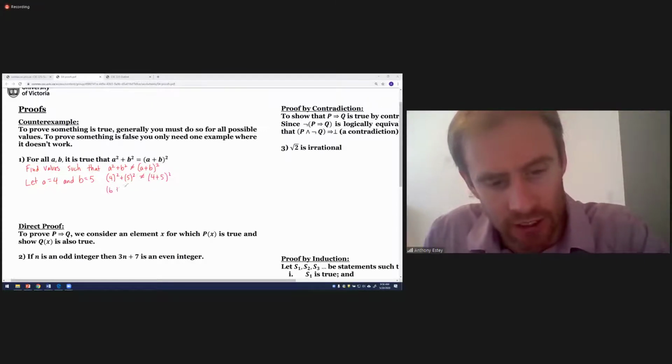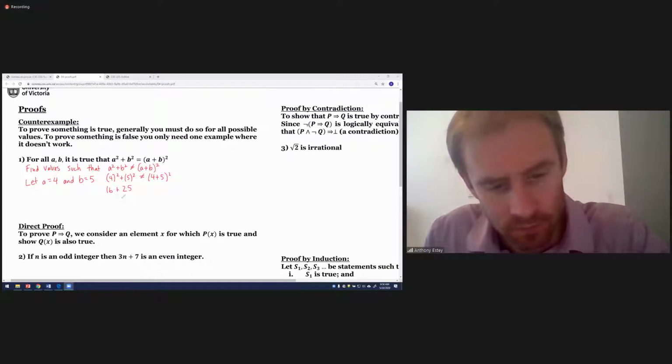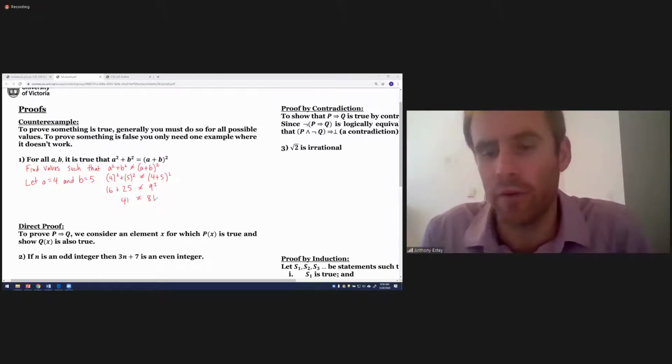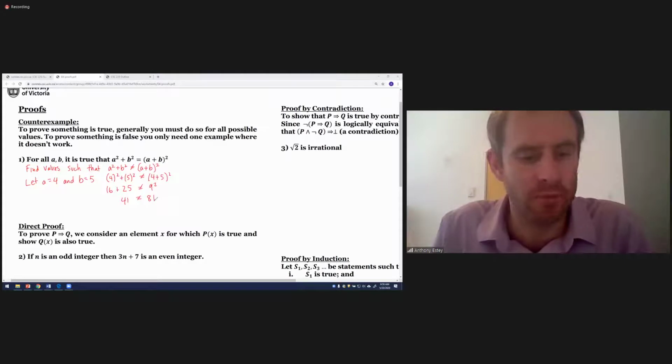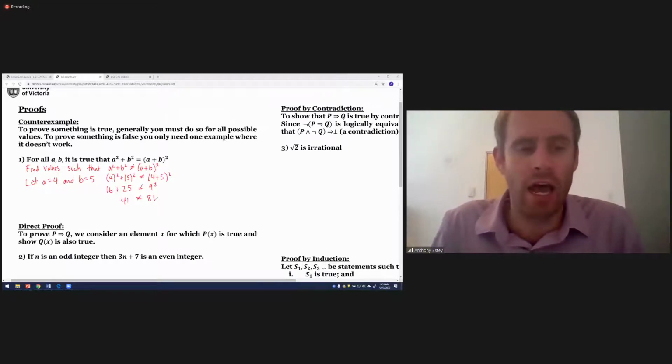So again, we've got 16 plus 25, which is 41. That does not equal 9 squared, which is 81. We could even do much simpler terms as well. So the proof by counterexample is just finding an example that shows that this doesn't work.